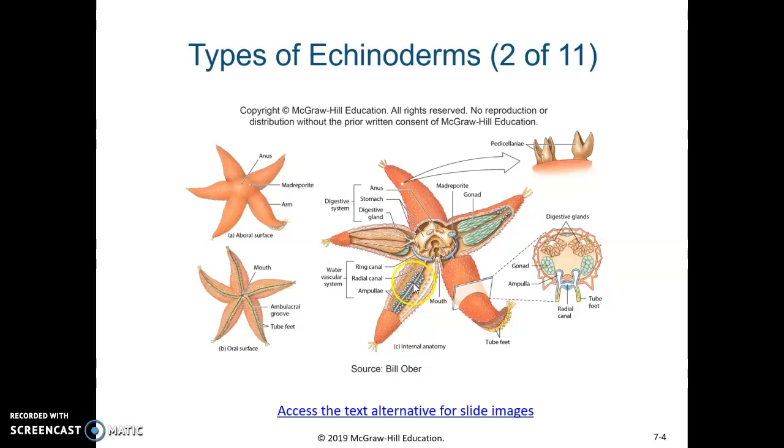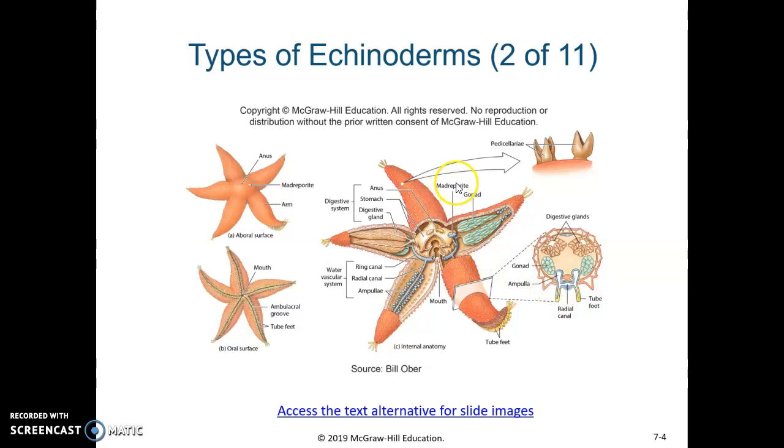And the radial canal then extends out to these ampullae. And these ampullae are basically like water balloons, and they fill with water, and if they move that water from the ampullae to the tube feet down here, they can move their tube feet right there.